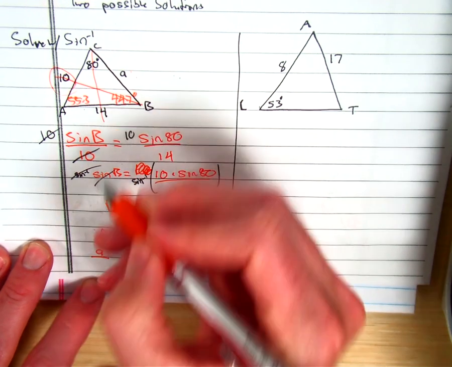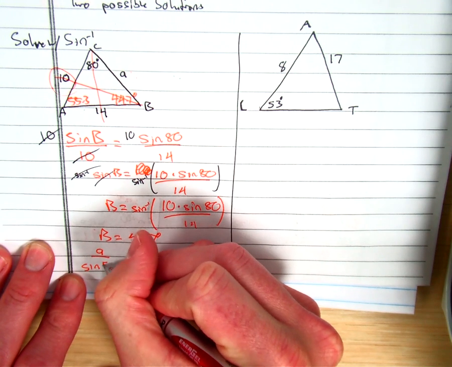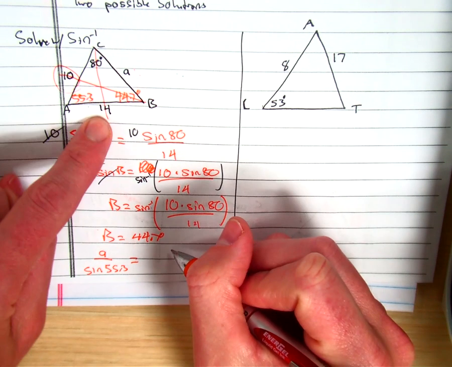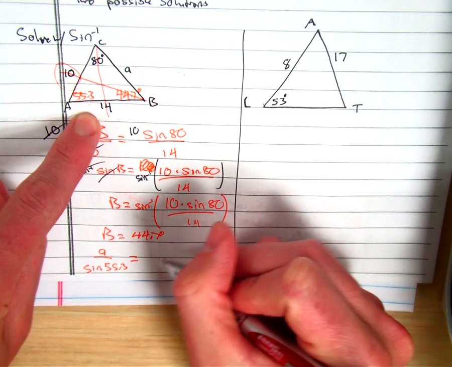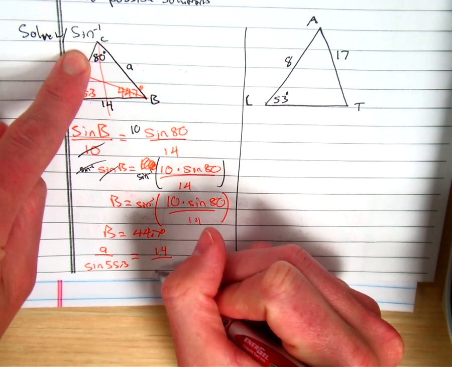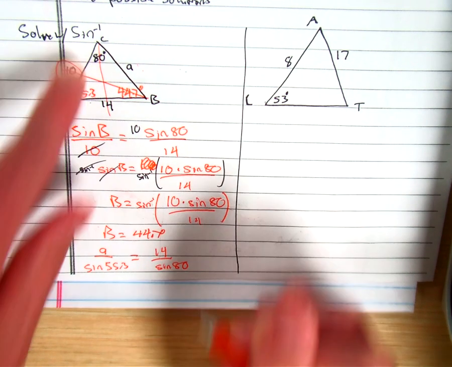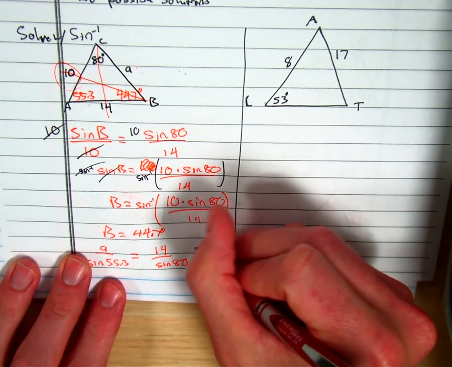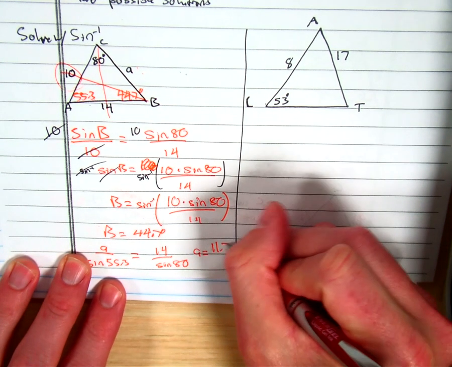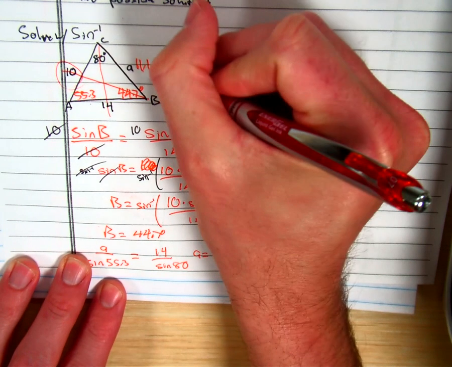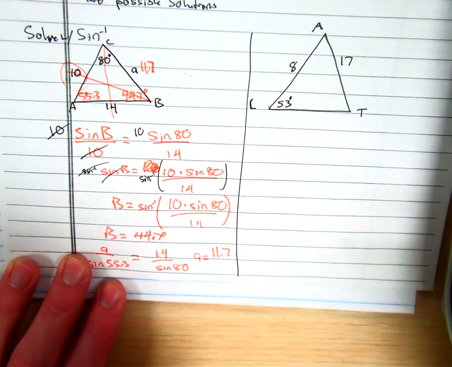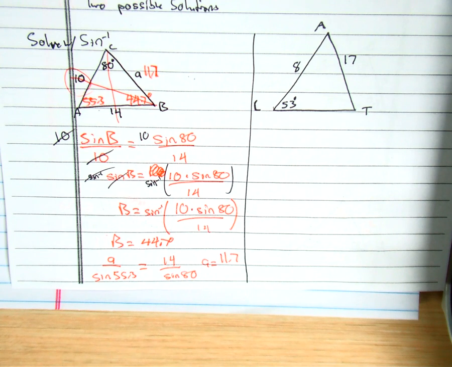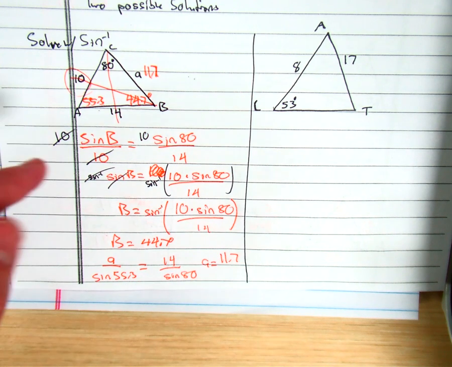Side A over sine of 55.3 equals, I'd go back to the original one that's not rounded, 14 over sine 80. And our A should be 11.7. Should be 11.7.